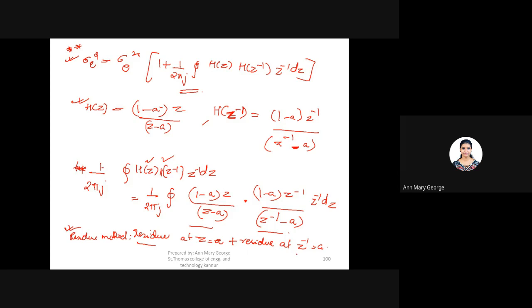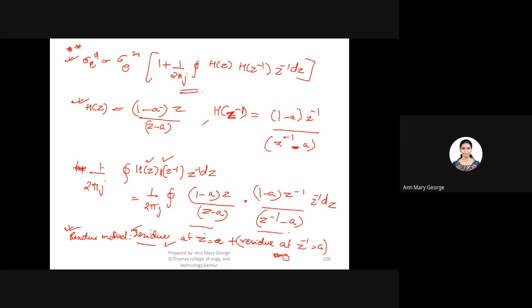In this case, the residue at z inverse equal to a will be 0, as this pole will be outside the unit circle, so we can consider it as 0 value.